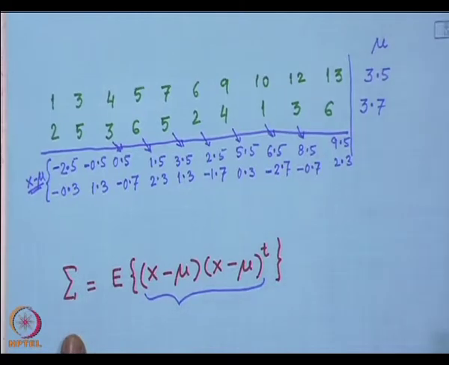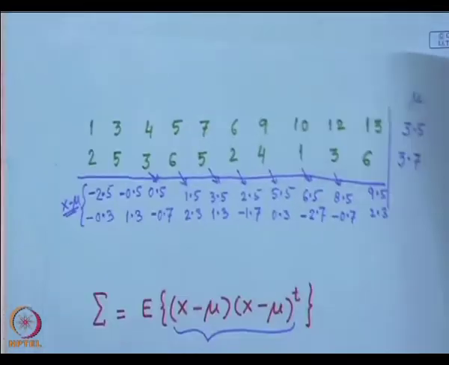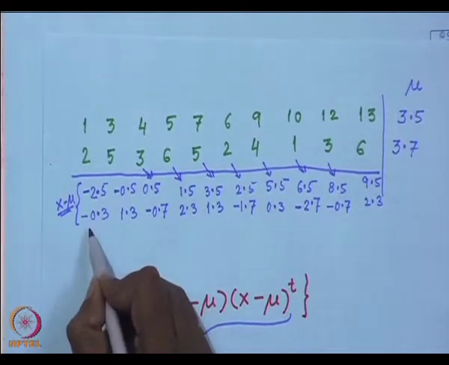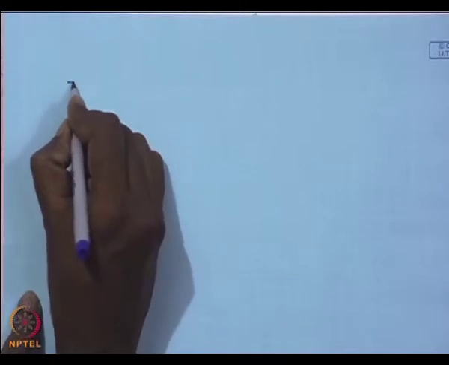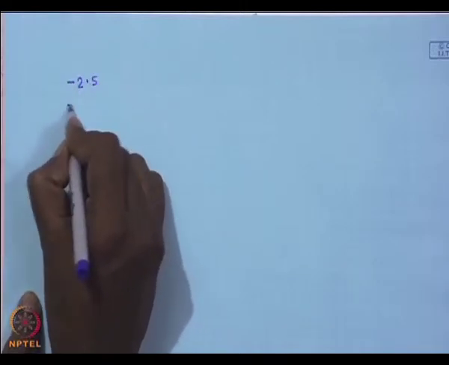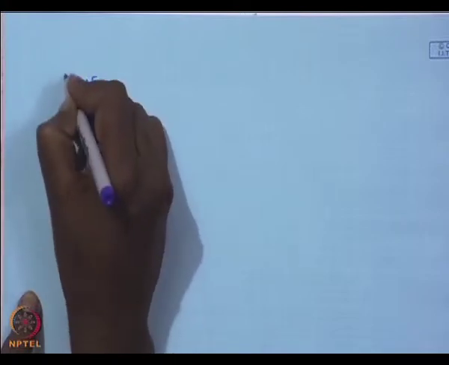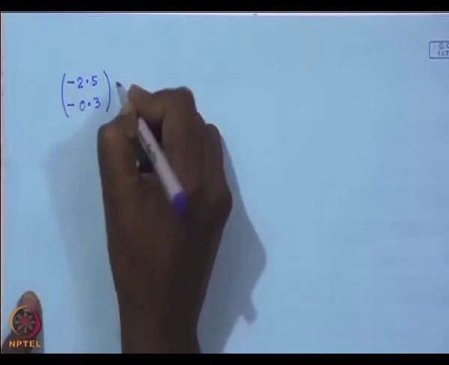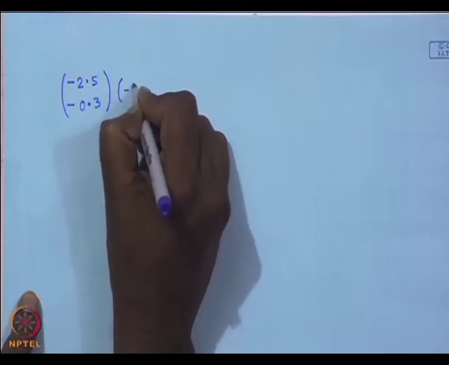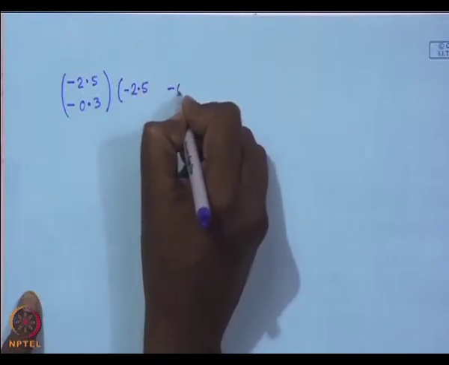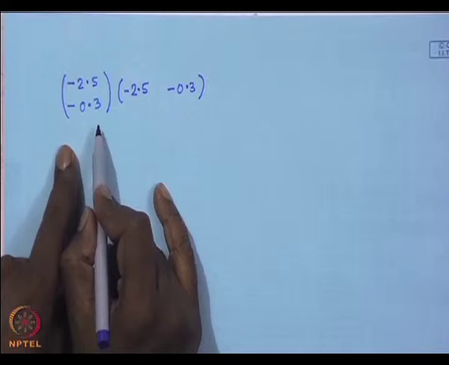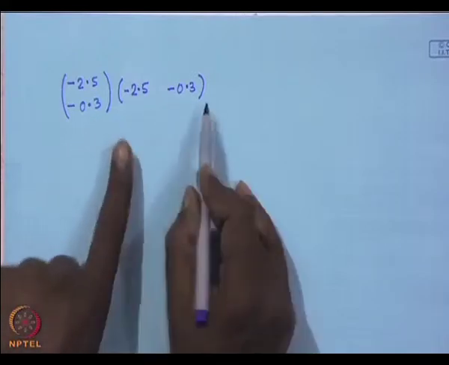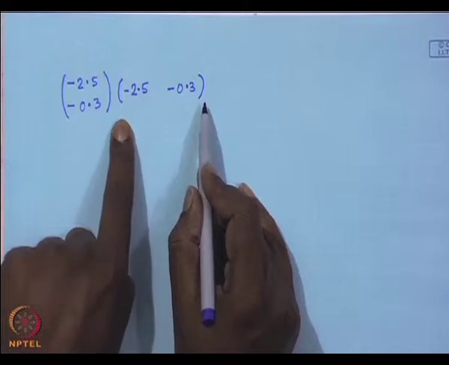So, if I do that for the first one, you find that the first one is minus 2.5 and minus 0.3. So, what I have to compute is minus 2.5, minus 0.3, this is my x minus mu, and x minus mu transpose will be minus 2.5, minus 0.3. So, this is a column vector which is of dimension 2 by 1, and this is a row vector of dimension 1 by 2.